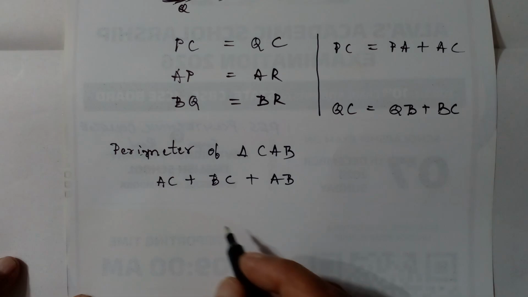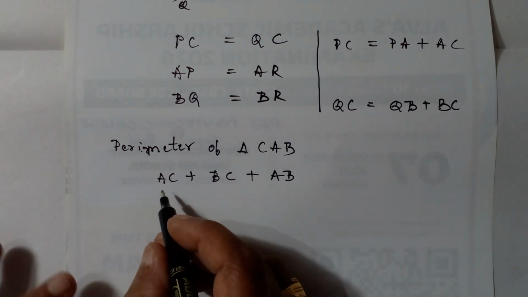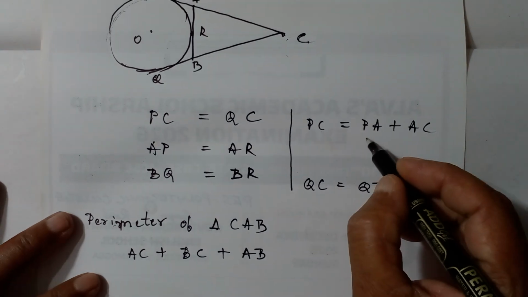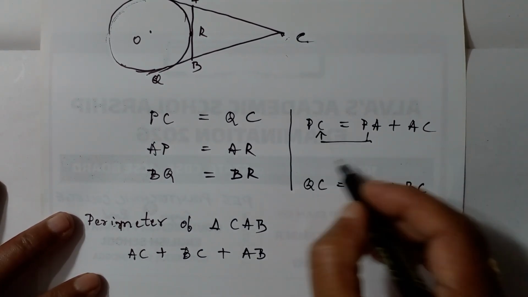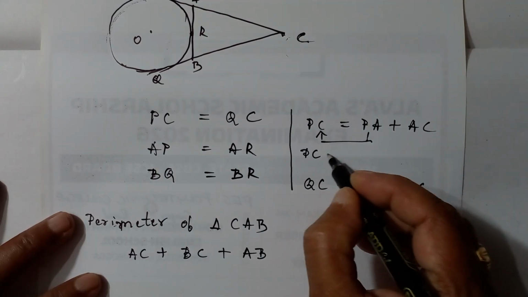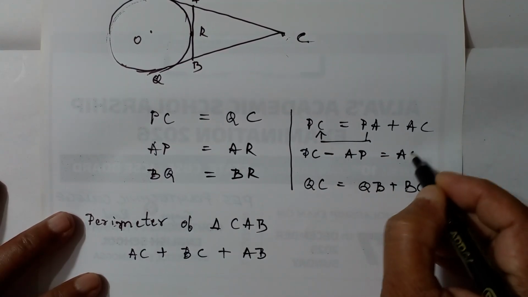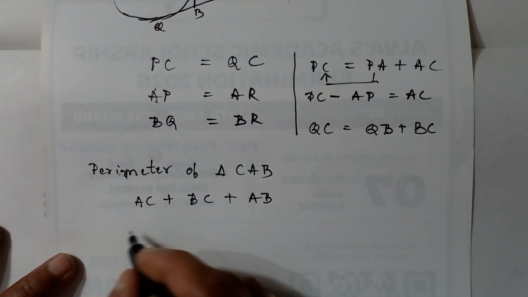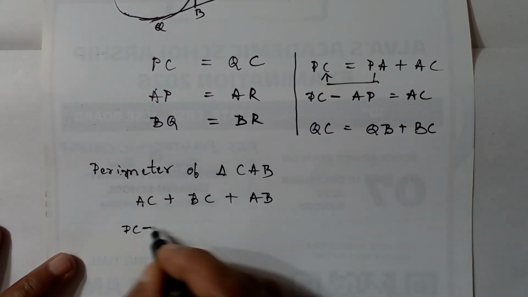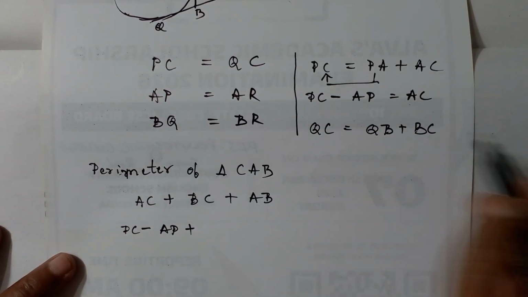Here, carefully write. I need AC. Here AP is transposed. So what I am getting is PC minus AP is equal to AC. So AC means PC minus AP, plus BC.